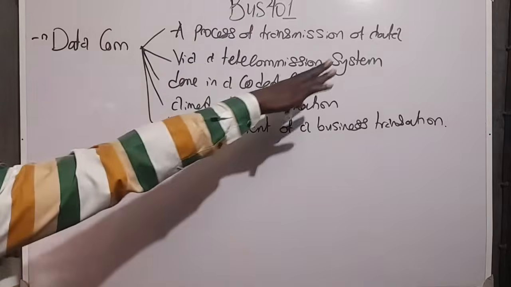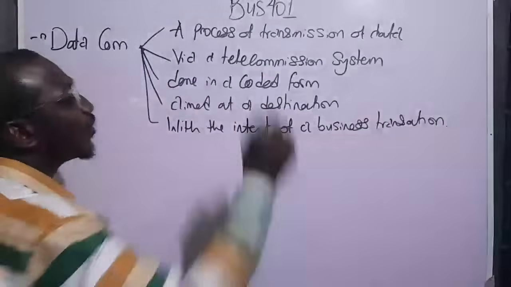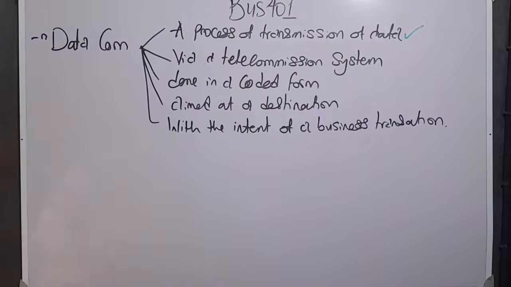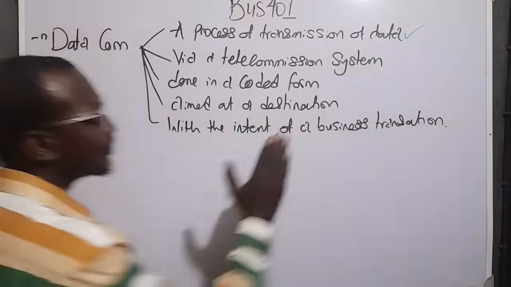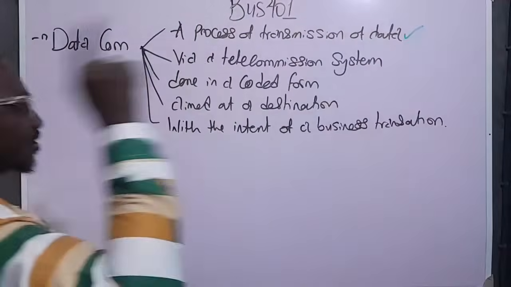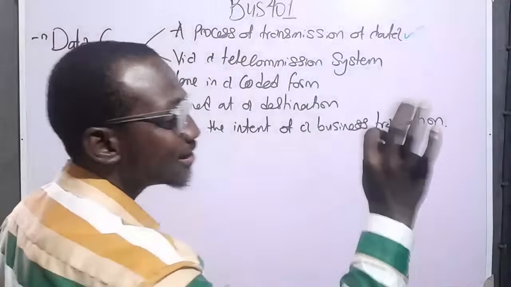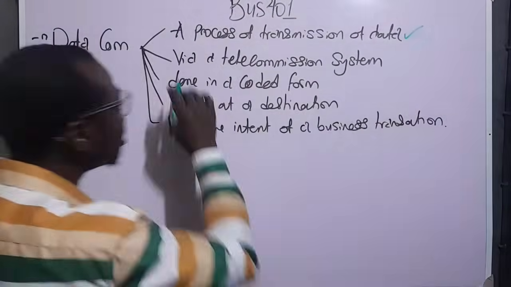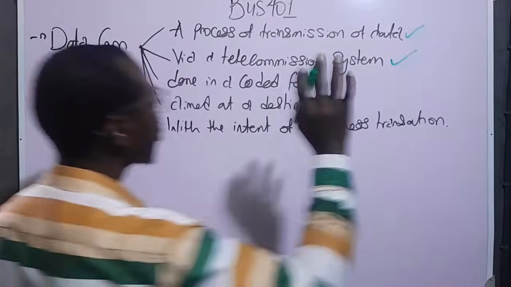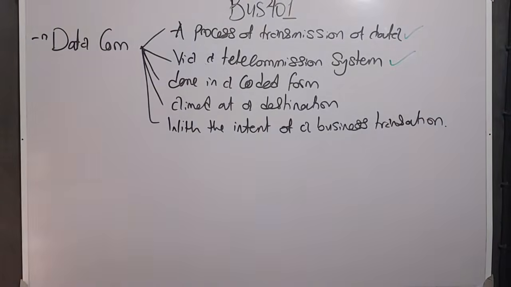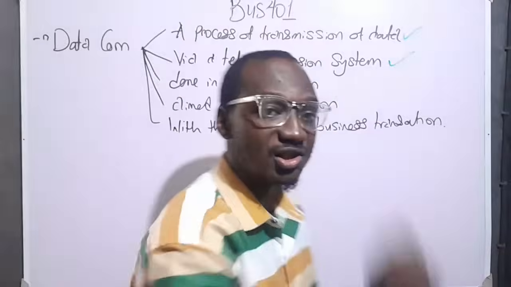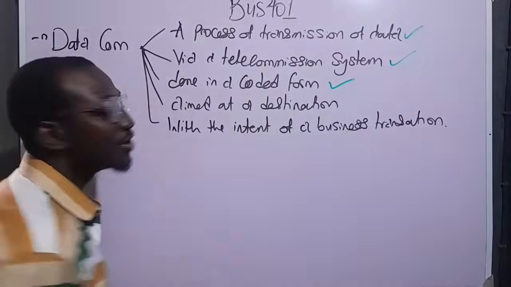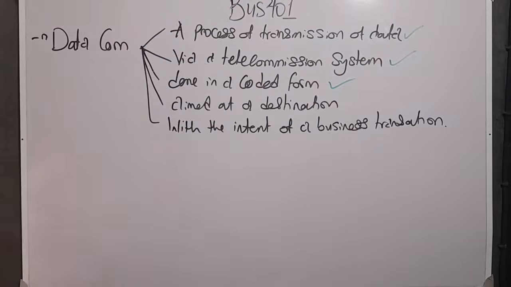You can now pick this point from your own point of view. Now you understand that it is a process of transmitting data. And for this data you are transmitting, there's an accredited channel, which is the telecommunication system. Choosing this telecommunication system requires you to encode, so the message is done in a coded form.